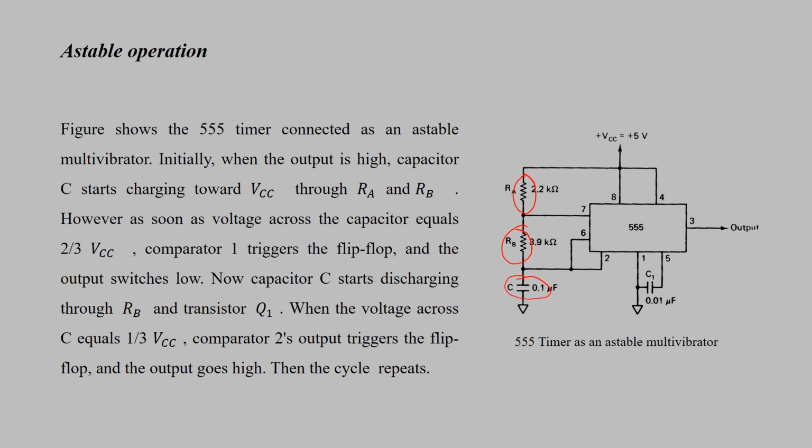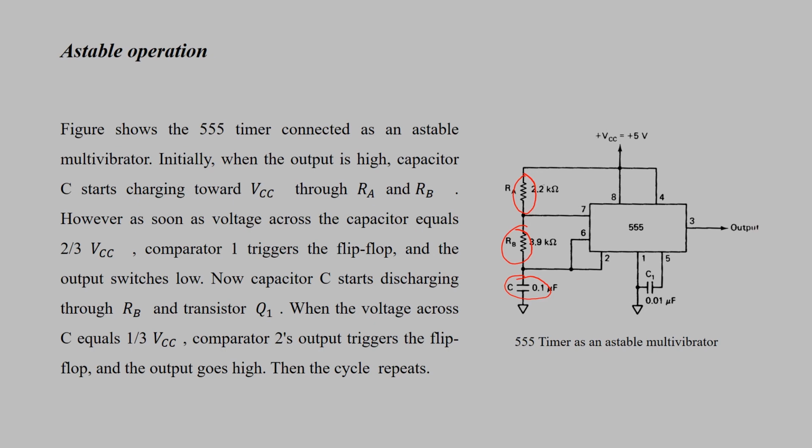Now capacitor C starts discharging through RB and the transistor Q1. When the voltage across C equals 1/3 VCC, comparator 2's output triggers the flip-flop and output goes high. Then this cycle repeats.